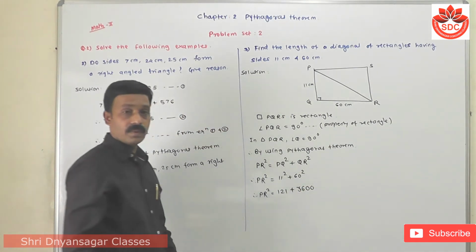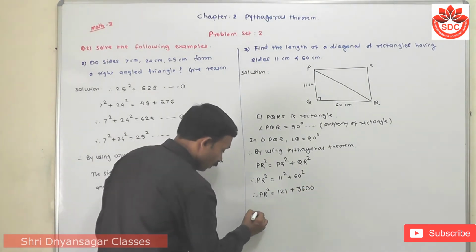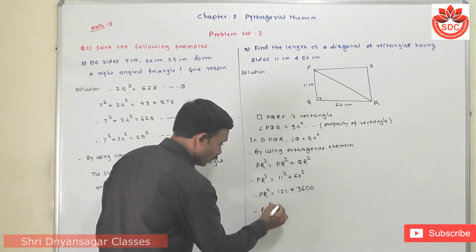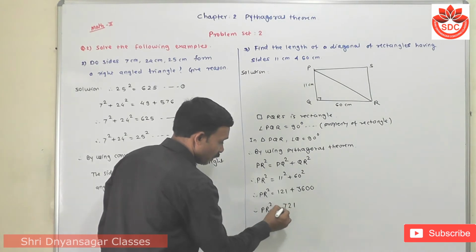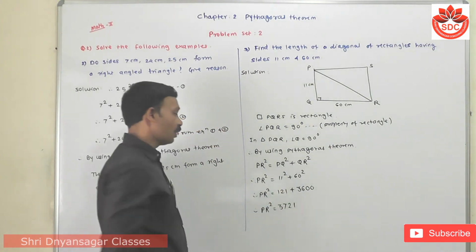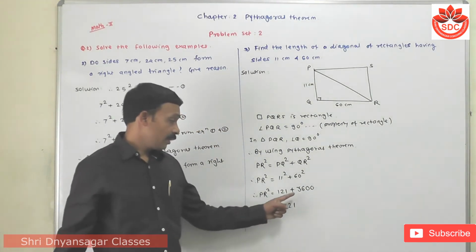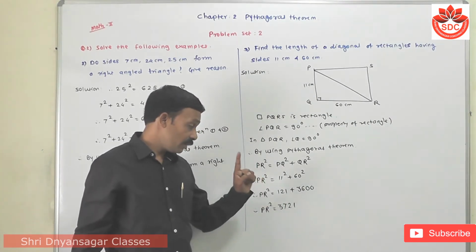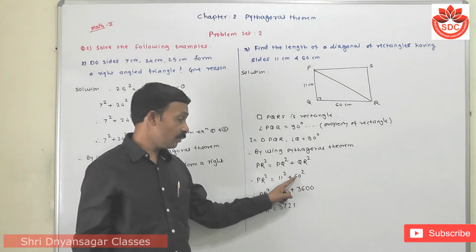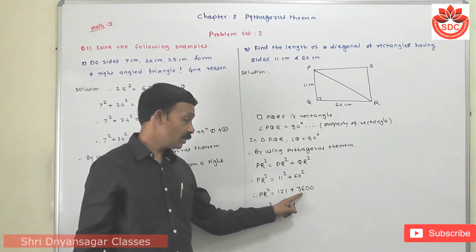The addition of these two gives PR square is equal to 3721. Student, when we find the square root of 3721, it is greater than 60 because 60 square is 3600.